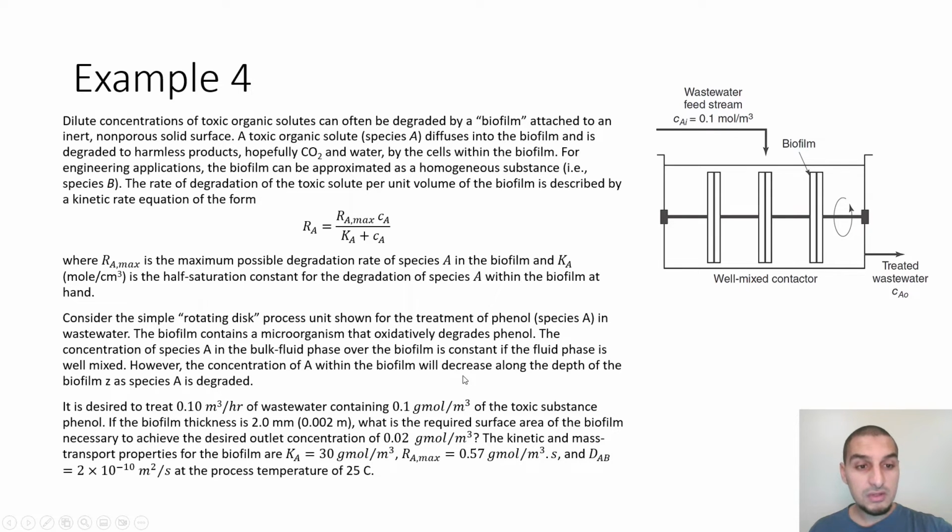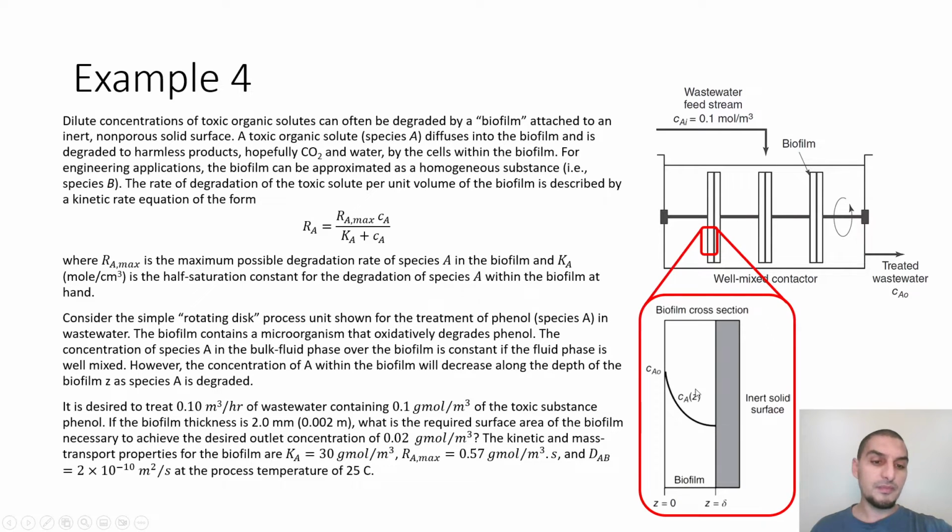If you take a closer look at the biofilm, you will have this inert solid, impermeable material where the biofilm is supported. The concentration of species A at the surface is CA0, and it decreases. There is this concentration profile where the concentration decreases due to the consumption of A by the microorganisms.